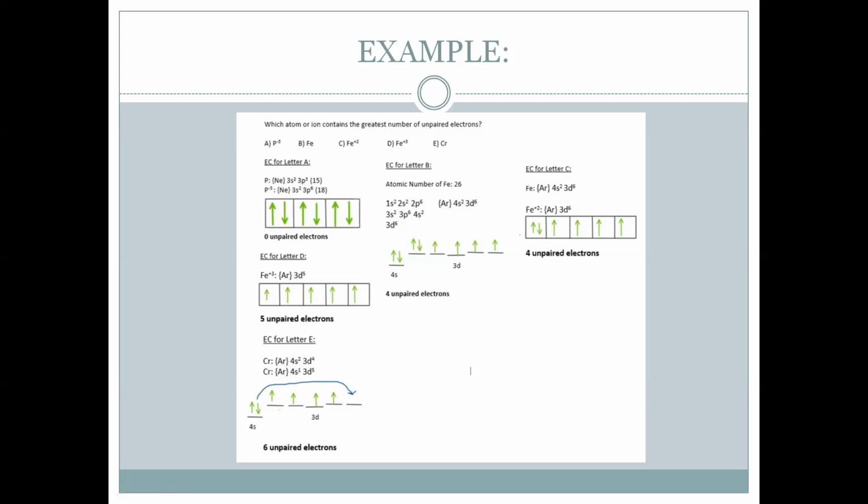Magkalapit lang sila. So, what happens here between the electrons of chromium, there is electron repulsion. Okay? During this, one of the electrons or some of the electrons are being repelled by the others. Okay? And in chromium's case, this electron right here is being repelled by this one. Okay? And that creates instability in the atom. Okay?